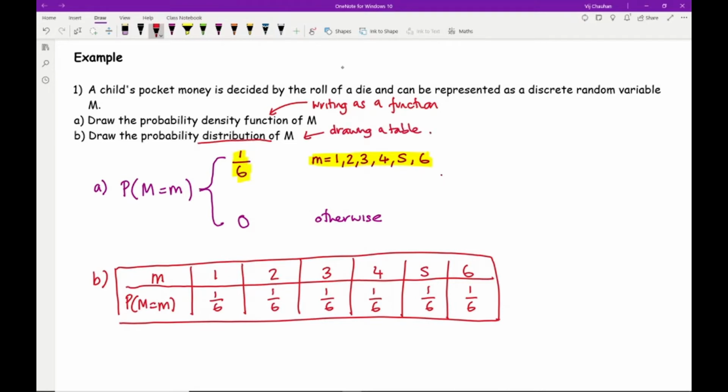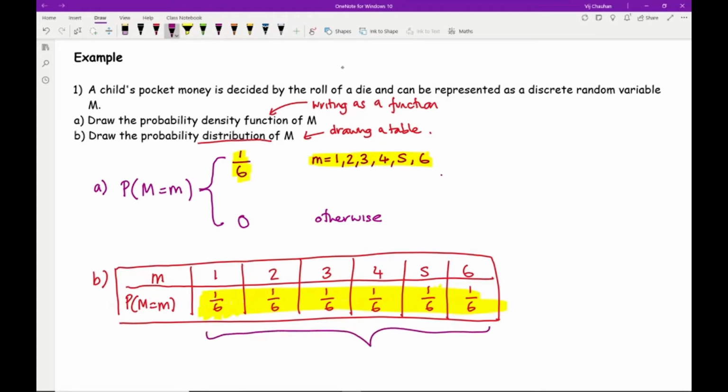Now, one of the most important properties of a probability distribution, and this is really key, is that all of these probabilities have to add up to 1. So whenever you're asked to draw anything related to a probability distribution, the key thing you need to remember is that all of these need to add up to 1.